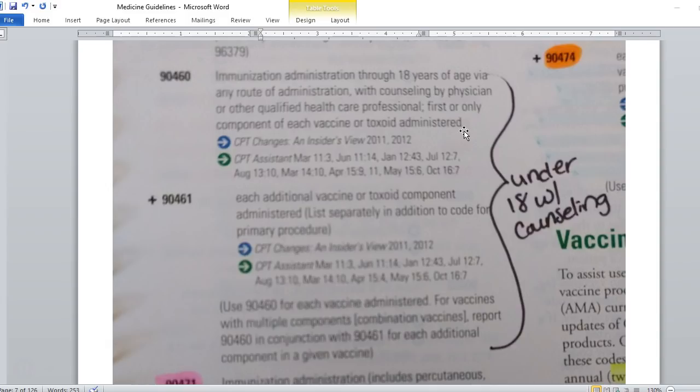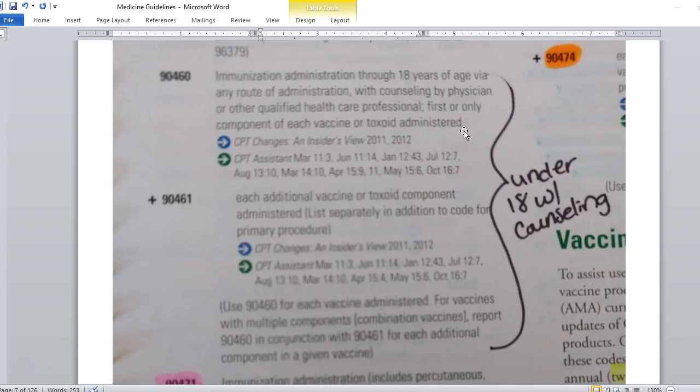Also note the add-on code. 90460 is first or only component of each vaccine or toxoid administered. 90461 is each additional. So again, this is very similar to integumentary when we have to use a standalone code and an add-on code to describe more area of the patient's skin.